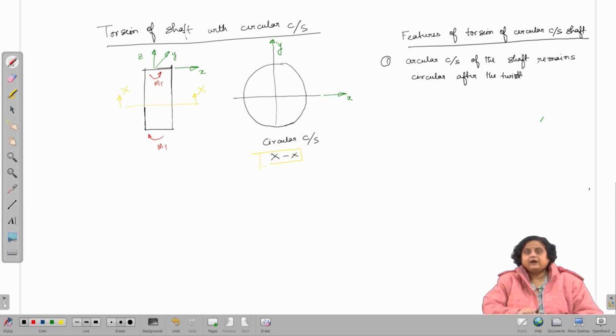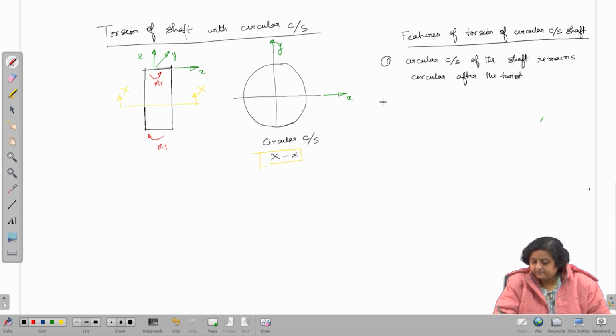So, even after we apply a torsional load to the shaft, the cross section of the shaft is going to remain circular. There is not going to be any change in the cross sectional shape of the shaft, if it is a circular shaft.